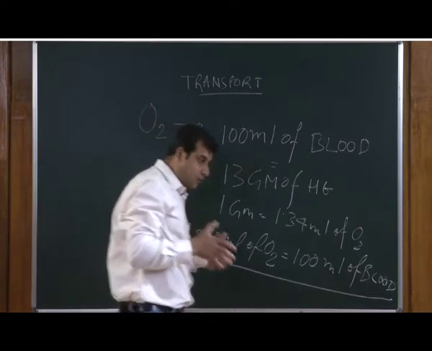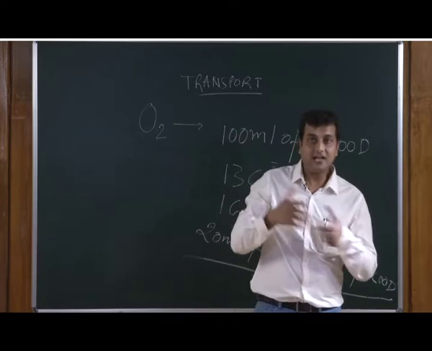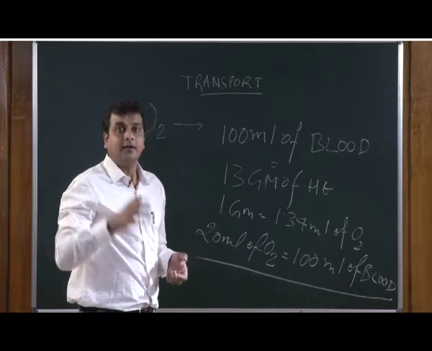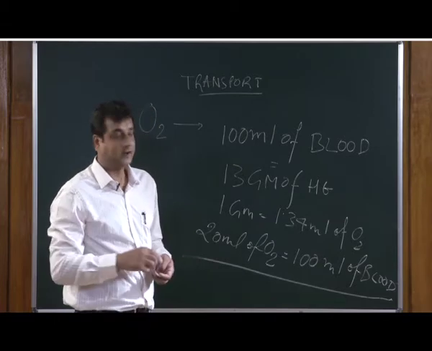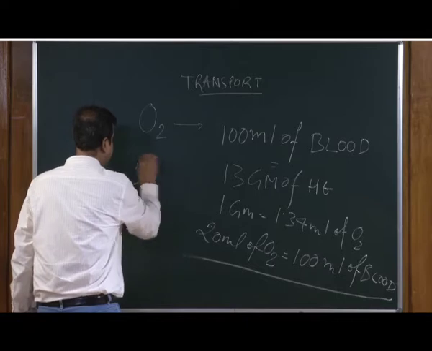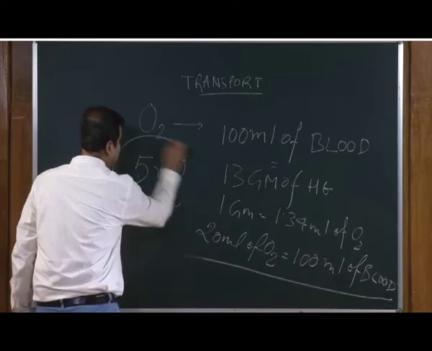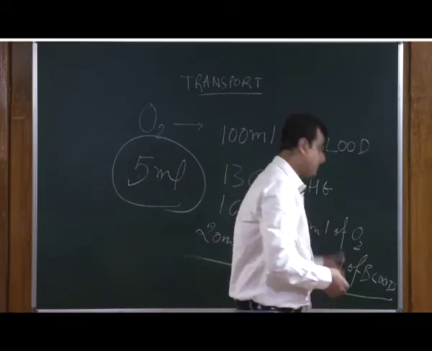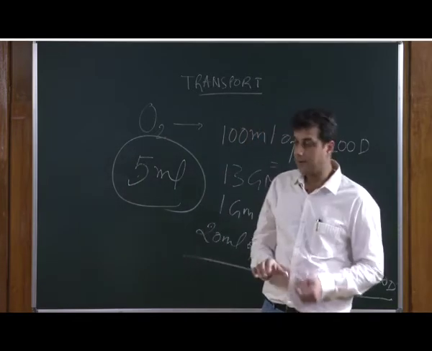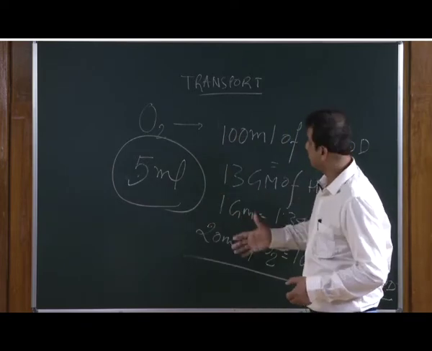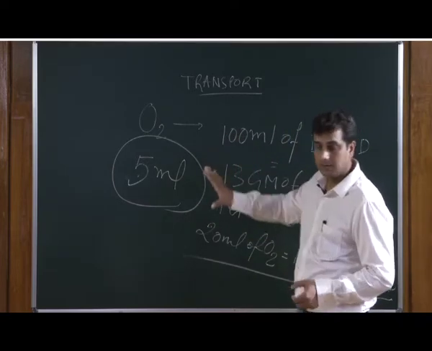But if we look into the actual exchange of gases, it is not 20 ml. The actual gas exchange that takes place in the human alveolar cavity is 5 ml. So, 5 ml is the approximate volume of oxygen exchanged per 100 ml of human blood. This is the oxygen exchange capacity of hemoglobin.